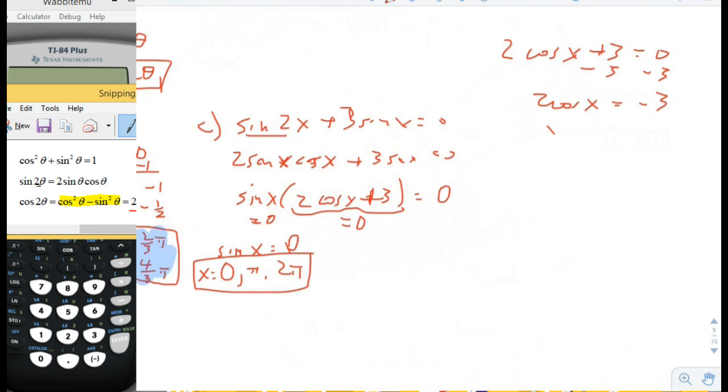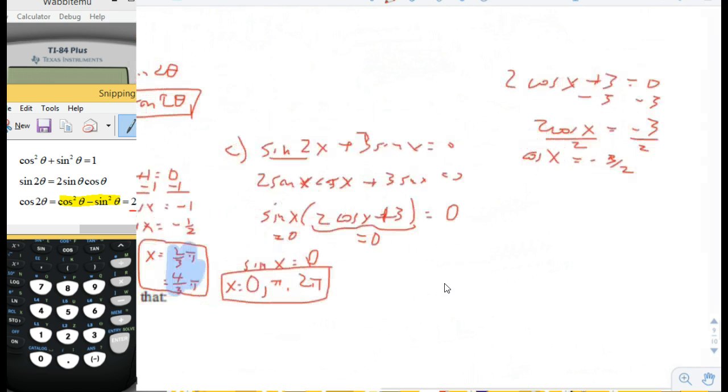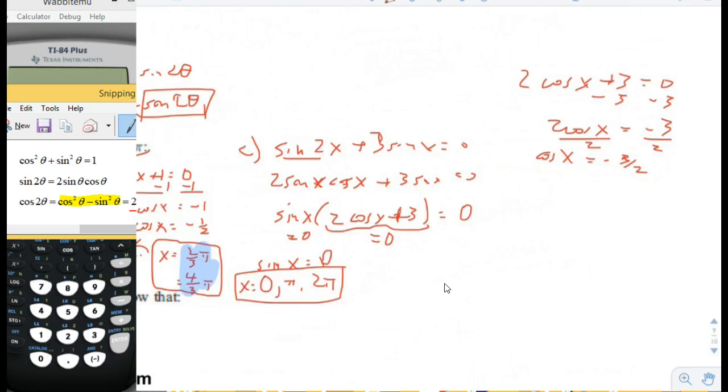Okay, something's wrong here. We can't have a cosine that's less than negative 1. So cosine of x equals negative 3/2, that never happens, right? Cosine is always between negative 1 and 1. So basically there are no solutions to this part, okay? So that's the end of that. The only solutions are the ones from sine of x equals 0.